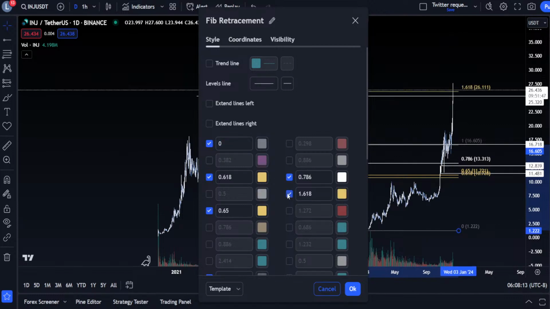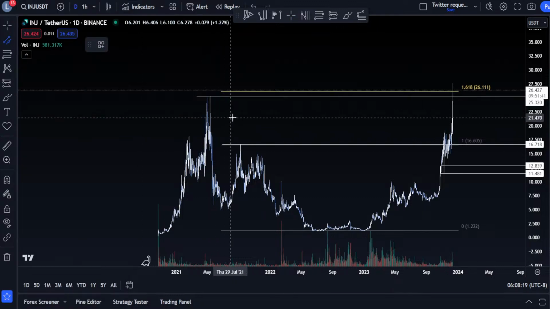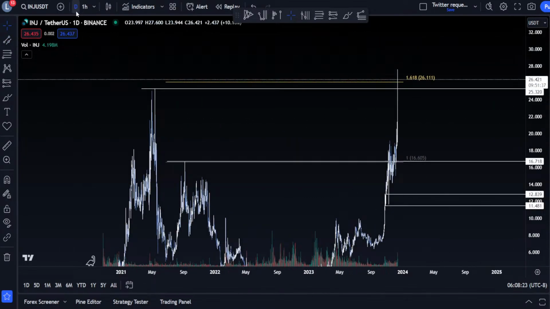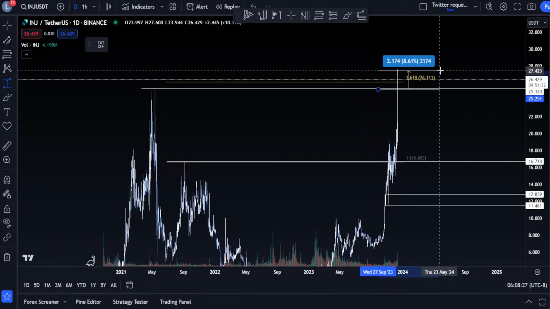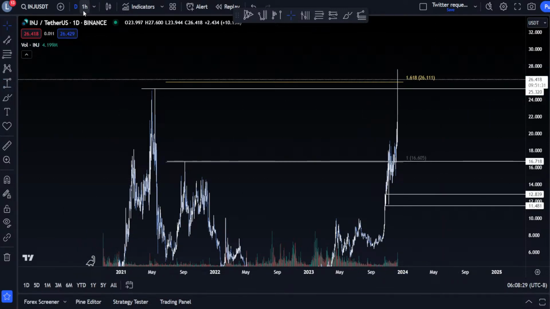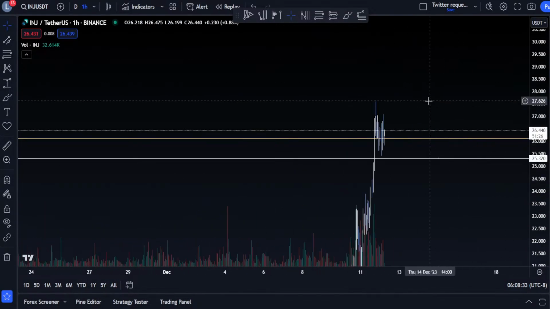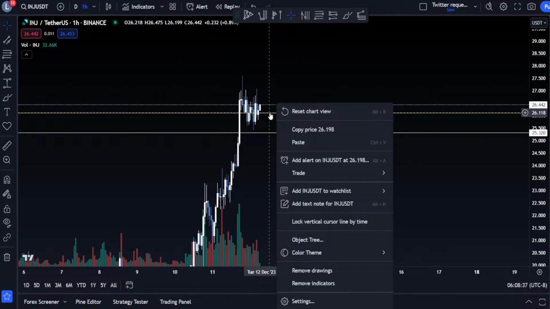Just taking a look at INJ. I mean, yeah, breaking out of these highs. Certainly wouldn't be interested in shorting this clean break at the highs here.